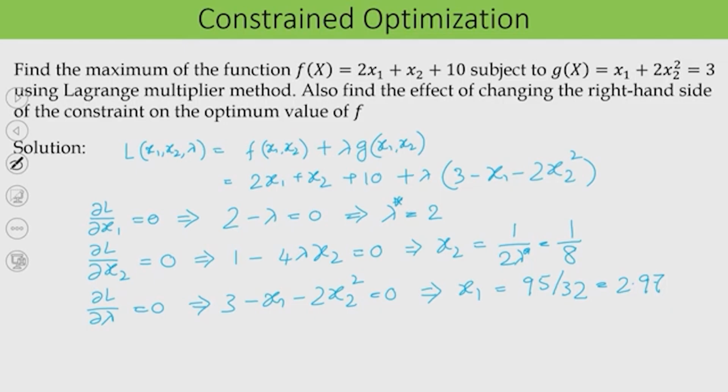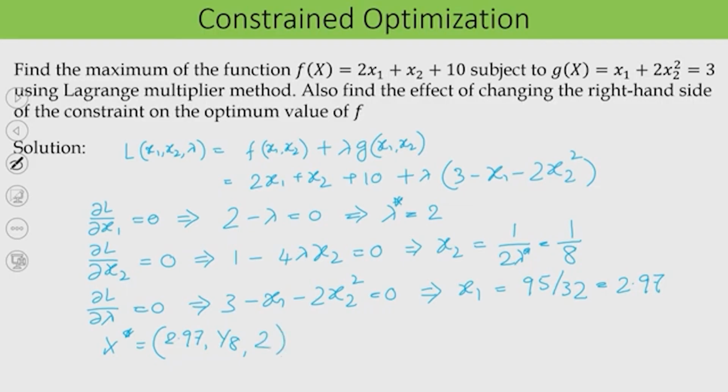Whatever solution I am getting, that is x star, this is 2.97, then 1 by 8, and lambda I am getting is 2.